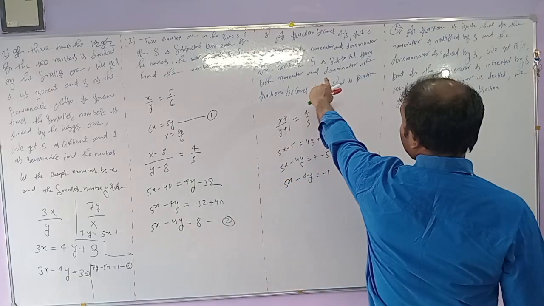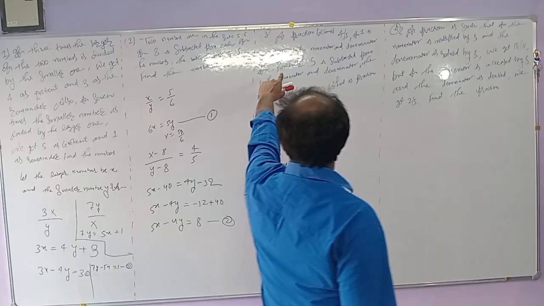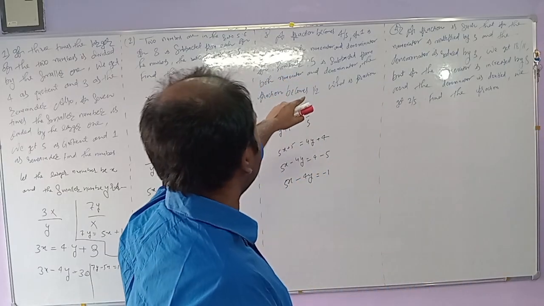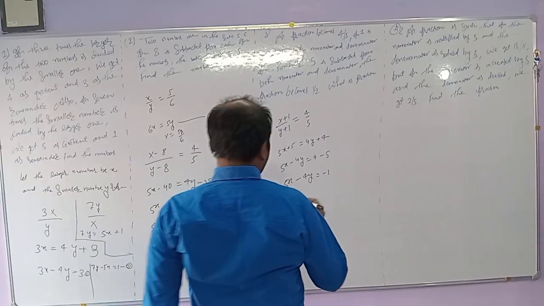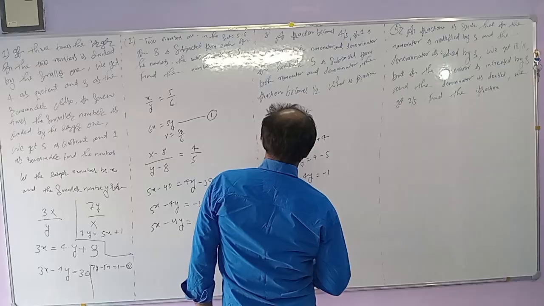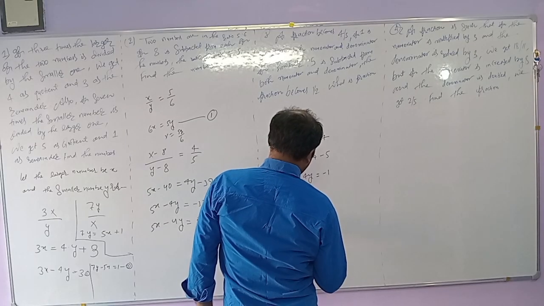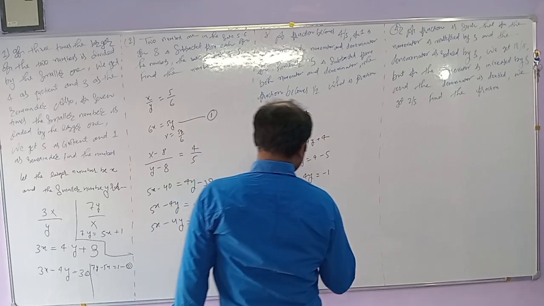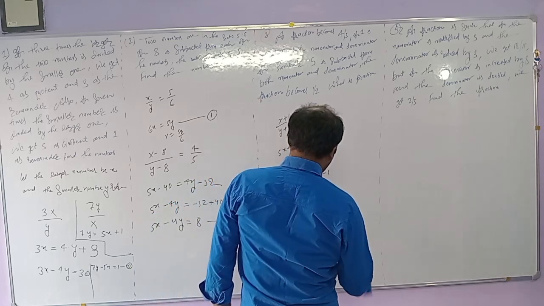And another condition, if however 5 is subtracted from both numerator and denominator, x minus 5 upon y minus 5, we get half.